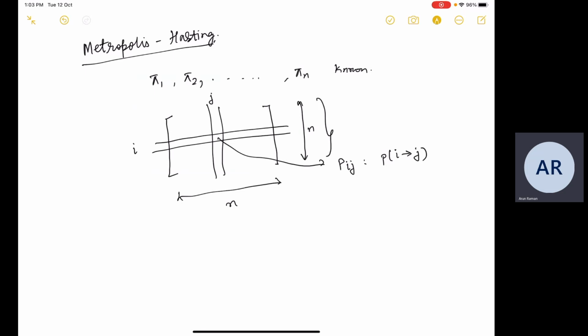This should be a stochastic matrix, and we should have pi p equal to pi, where this is pi and this is the p matrix.